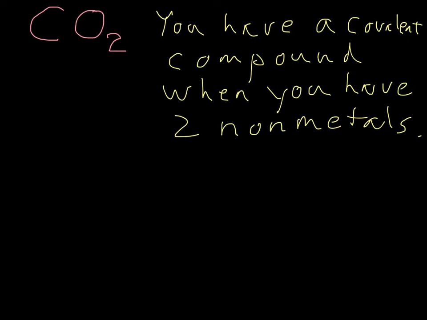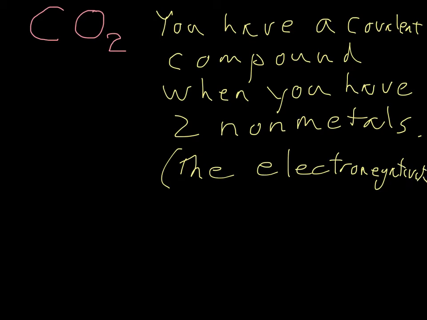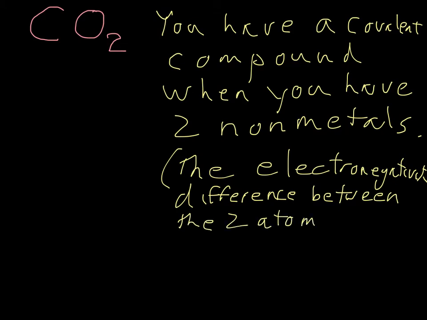Now, the other rule for a covalent compound is the pinky out rule, the highfalutin, you're having a cup of tea with the queen rule: the electronegativity difference between the two atoms is less than 1.9.